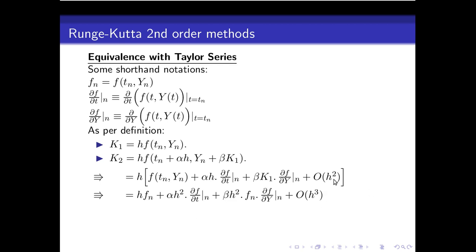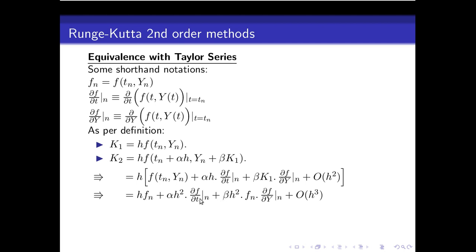This order h square becomes order h cube, and then this is just h fn, this is alpha h square del f del t at n, and this is beta h square fn into del f del y at n. Why is this? Because of k1. Look at k1. k1 is h into fn. So we just put h into fn here, and this term becomes beta h square fn into del f del y at n.